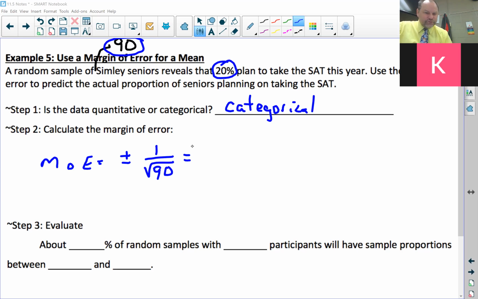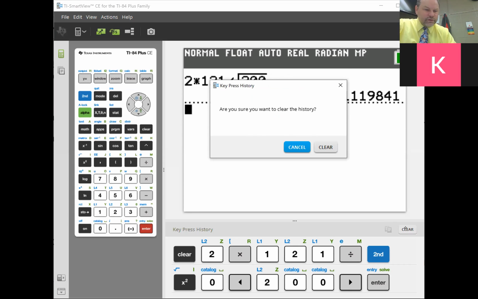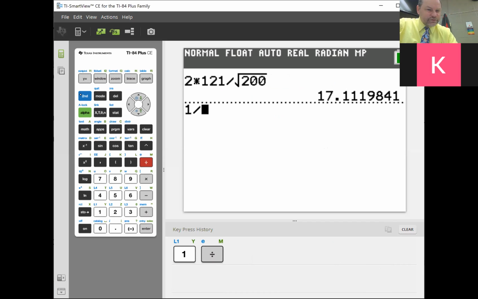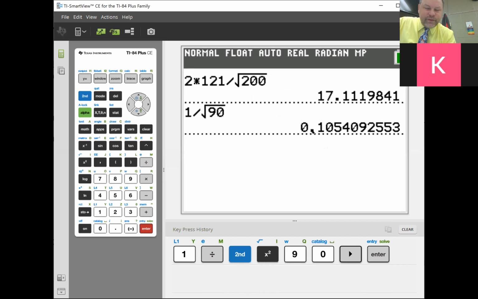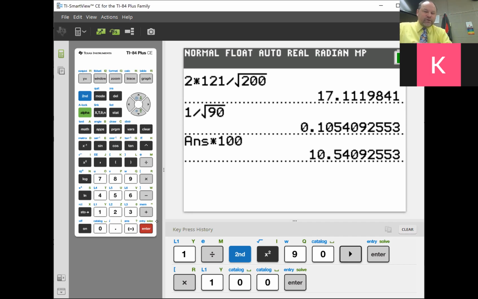So I'm going to do a new share. 1 divided by the square root of 90. And so as a percent, that would be 10.54%. Remember, taking that division and multiplying by 100 gives us a percentage. So if I round to the nearest whole percent, I'm going to call that 11%.